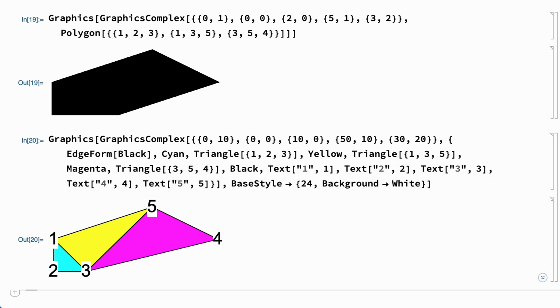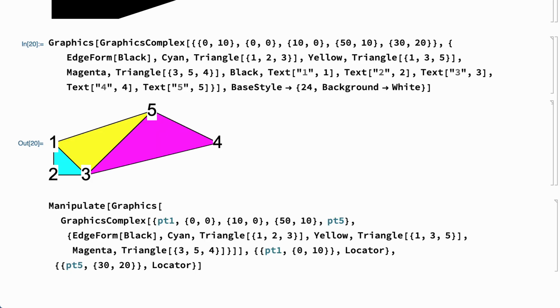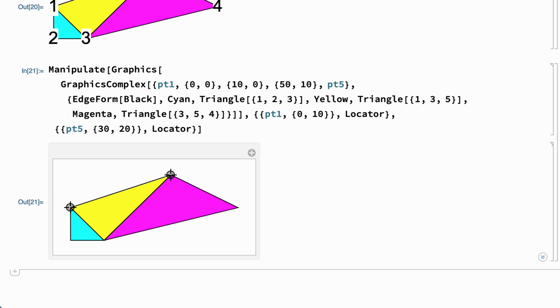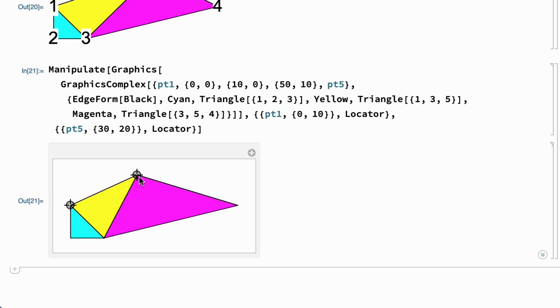This image shows the triangles with vertices at points 1, 2, and 3; 1, 3, and 5; and 3, 5, and 4. This sort of structure, either in GraphicsComplex or in MeshRegion, can be useful whenever different geometric elements share vertices or otherwise use the same coordinates. For example, here is that same image, this time with interactive controls for two of the vertices.